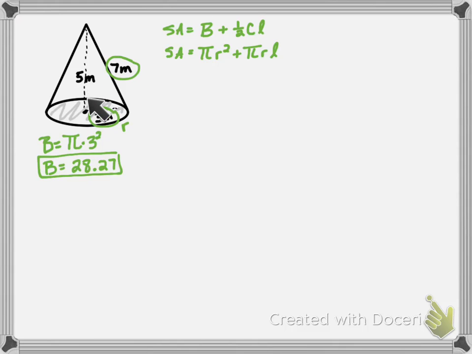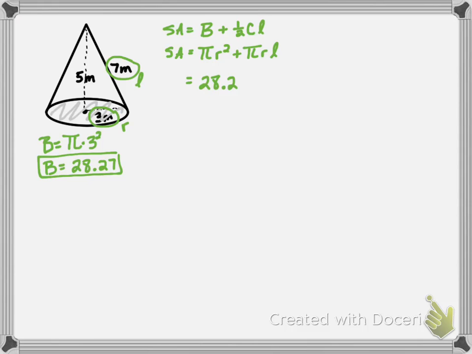How do I know that this dotted line is in the middle, not on the side? Because it's hard to tell sometimes when you're looking at a 3-dimensional object on a 2-dimensional surface. But look at where the dot is that it's going to. It's in the middle of the circle, so that dotted line is going to the middle of the circle. So that's not on the surface. So the 7 meters is my slant height.